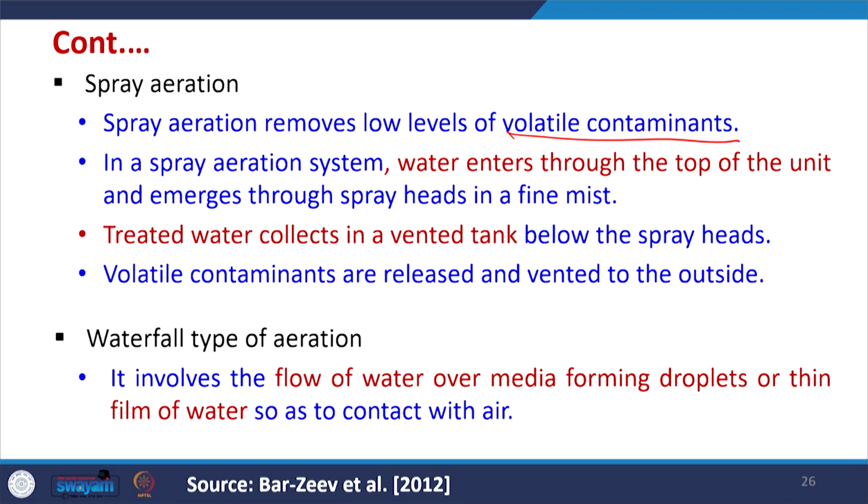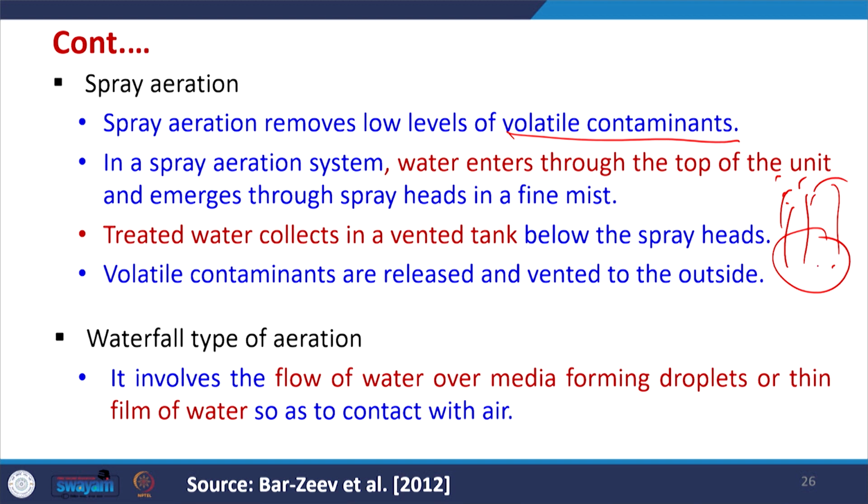Treated water collects in a vented tank below the spray head. So, this type of system may be there, water may be sprayed and the sprinkling is done and the water is again collected back, and volatile contaminants are released and vented to the outside.